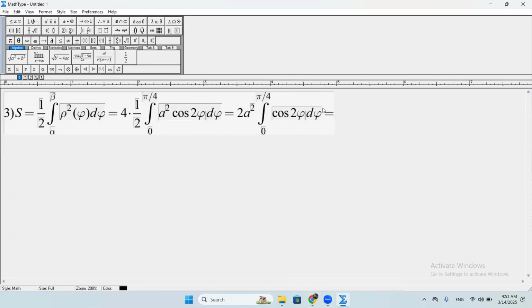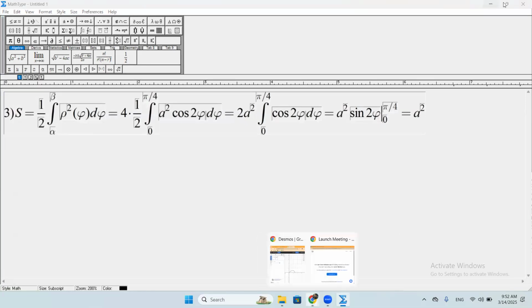And then we have a squared sine of 2 phi with substitutions from 0 to p over 4. So sine of p over 2 is 1, sine of 0 is 0, so the answer is a squared. Any questions about this exercise?